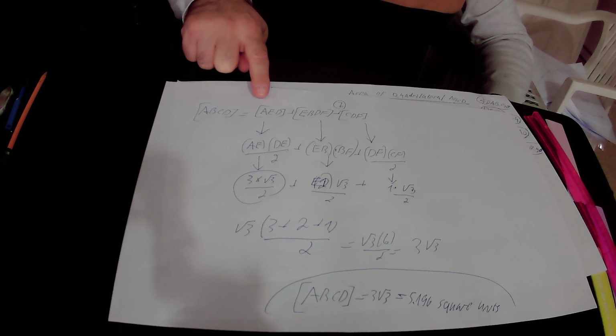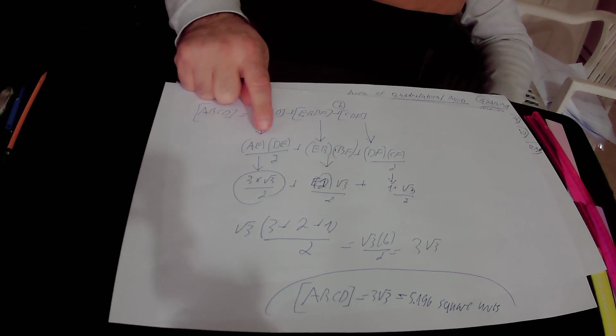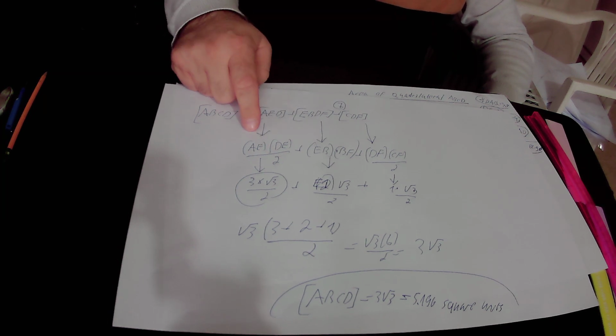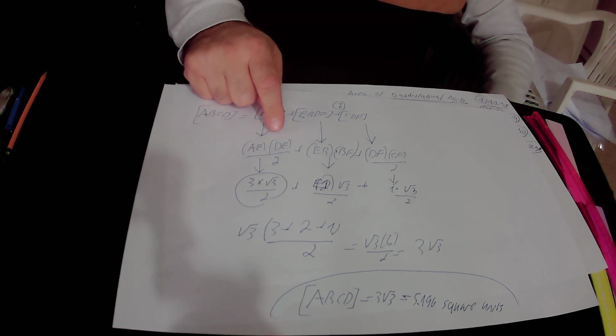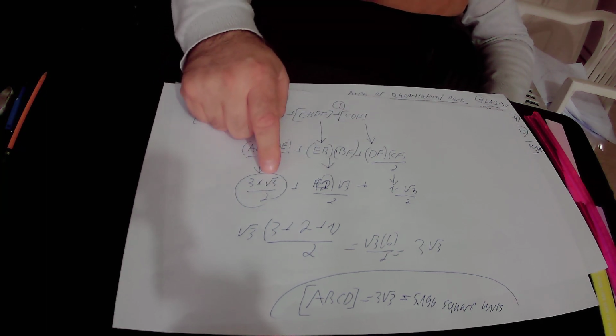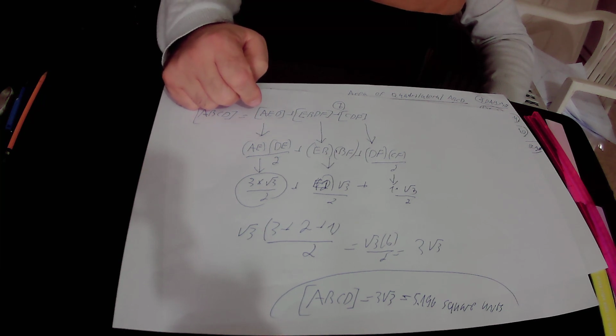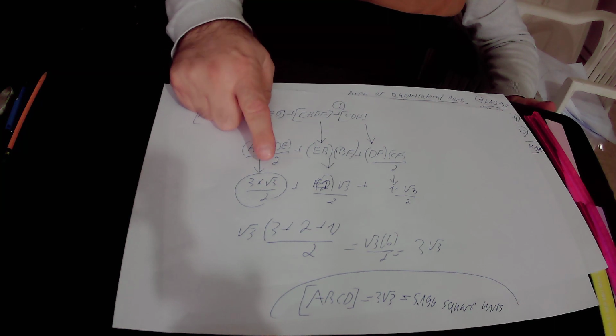The area of triangle AED equals AE, that is the base of the triangle, times DE, that is the height, over 2. AE equals 3 units. DE equals square root of 3, all divided by 2, so we found out that the area of triangle AED equals 3 times square root of 3 over 2.